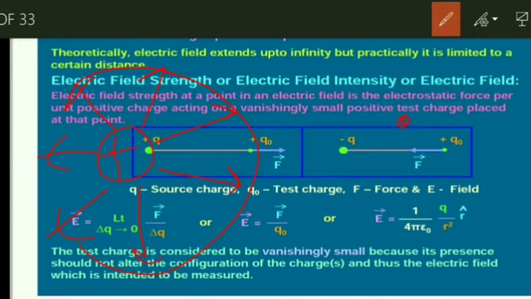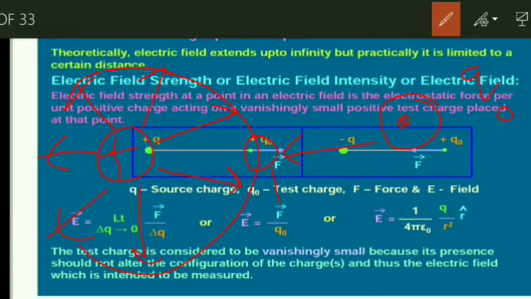Suppose I move a small charge q naught toward this bigger charge. When I bring it closer to the bigger charge, at the point where the field of the bigger charge starts, this test charge q naught will experience a force.